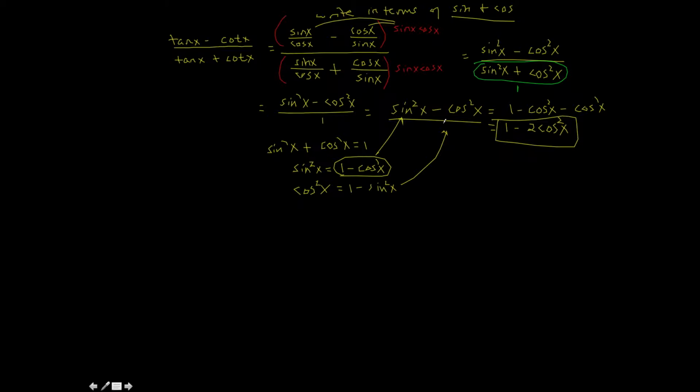So how do I know? Well, they would have to tell you in the directions. They would have to tell you, write your final answer in terms of cosines. Write your final answer in terms of sines.